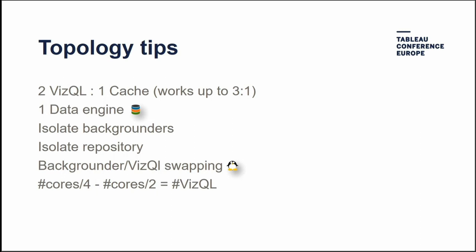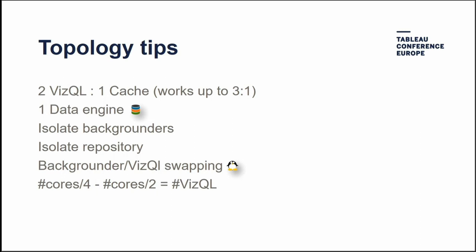You can programmatically change that, so it will swap the number of backgrounders to be allocated as vSQL processes. Again, this can be done only on Linux environments currently, and only for backgrounders and vSQL, so you can't reconfigure other processes at runtime. Just these two are available to be scaled up and down.